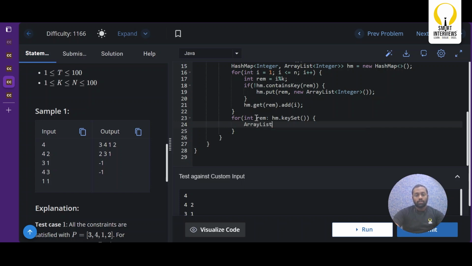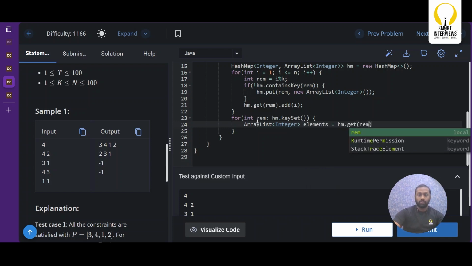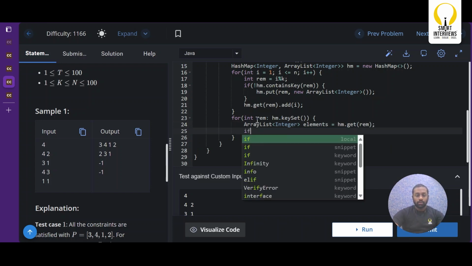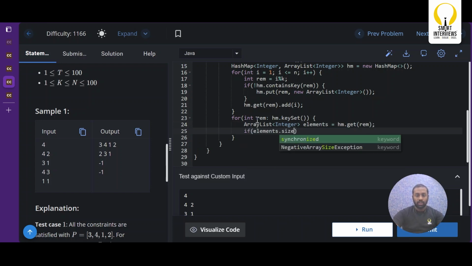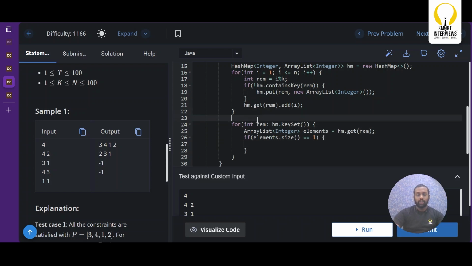I can get the array list of integer, let's say elements equal to hm dot get of remainder. Now if elements dot size equal to 1, then obviously I need to print a minus 1.